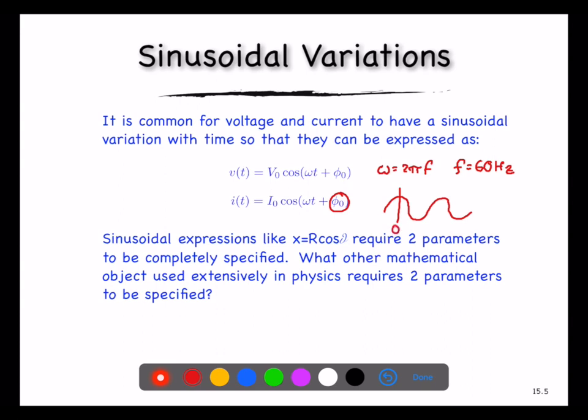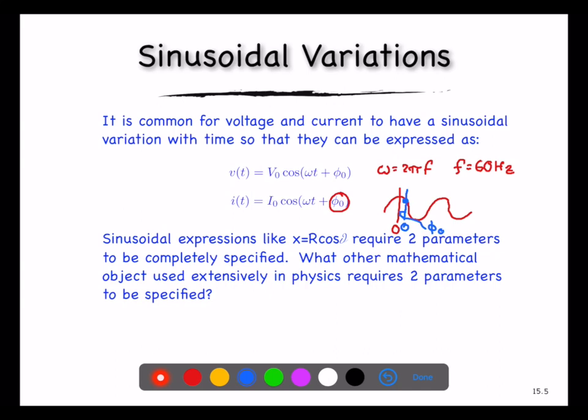So if t equals 0 happens to be the time at which our function is at a maximum, then phi naught will be 0. But if we wanted to start at t equals 0 at some other point along this waveform, this distance here, measured as an angle, would be phi naught.